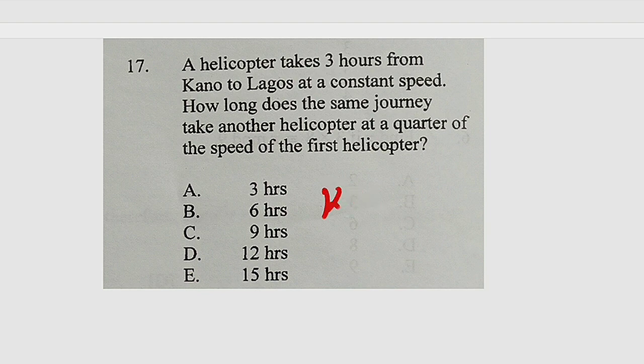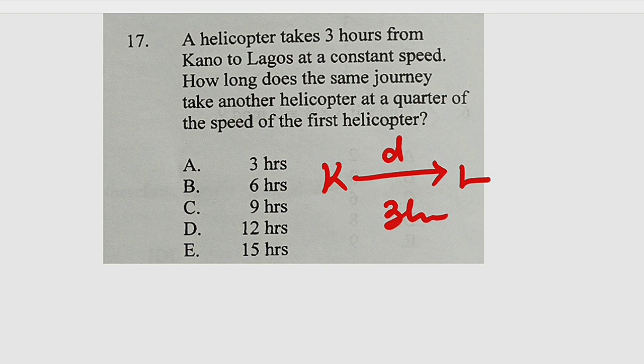Suppose we have Kano here and we have Lagos here. We don't know the distance apart, but it is constant. It takes a particular helicopter 3 hours to cover this journey at a particular speed. So what do you expect of another helicopter if it takes a quarter of the speed of this one?